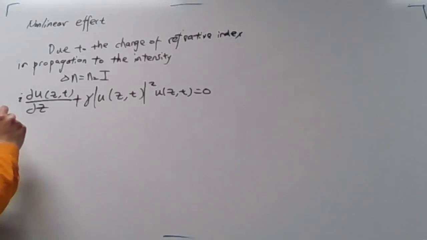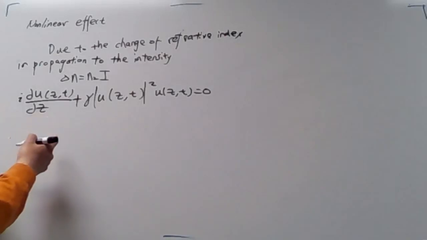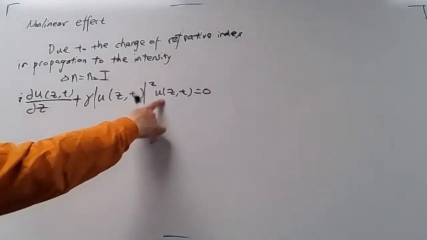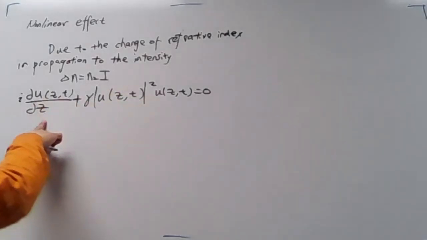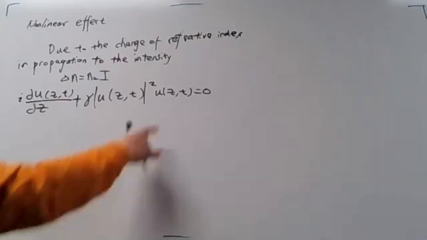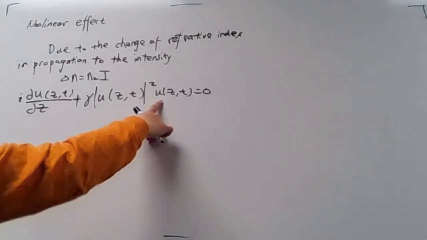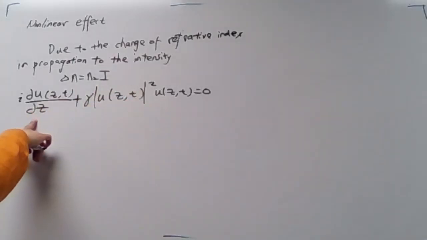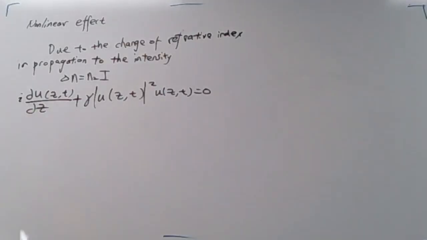So I will do the same thing. Let's divide by u(z,t) and then multiply by dz. It's a similar procedure.